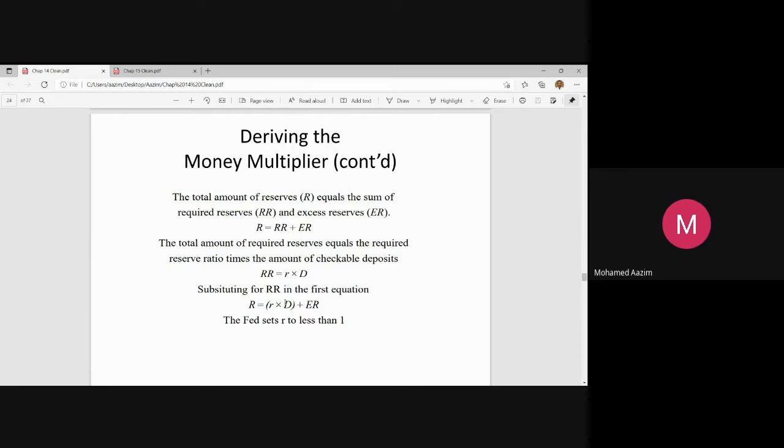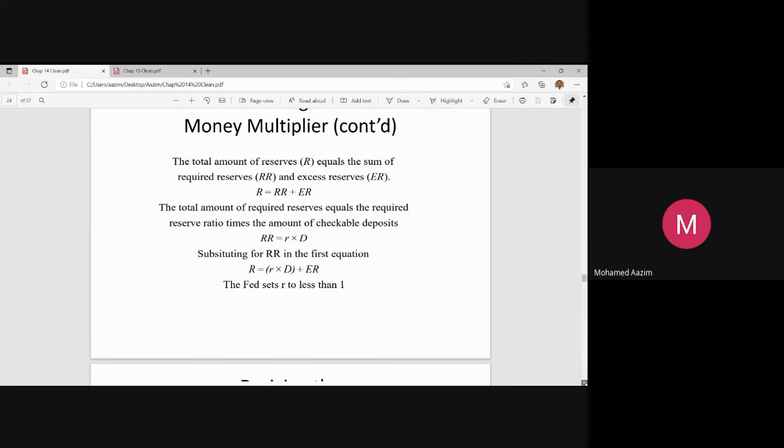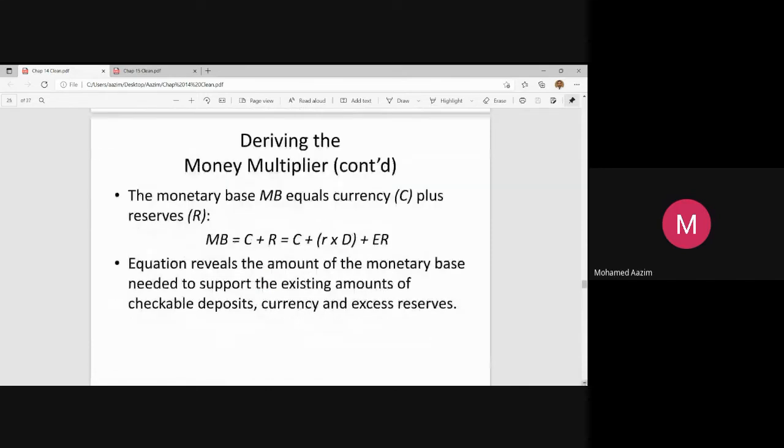So you know reserves, total reserves as reserve ratio small r times deposits plus excess reserves. Clear? Right. So we can move on. Any questions?